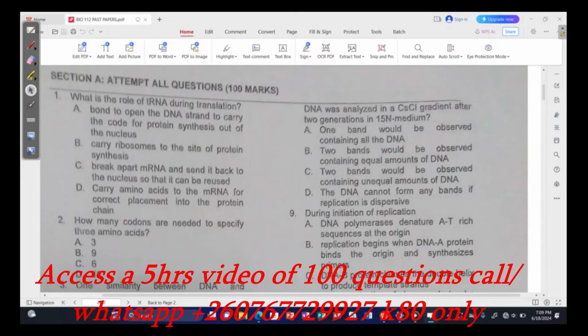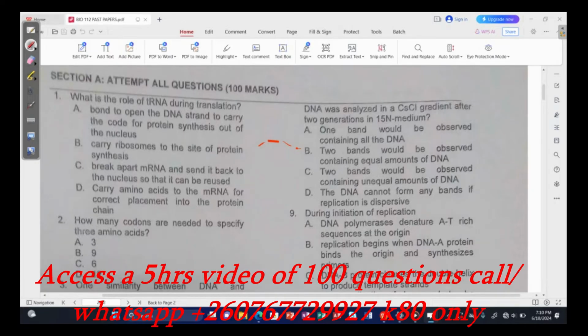So we pause there. Then B is saying two bands would be observed containing equal amounts of DNA. How true is that? What we are going to have is, within a single strand, both old and new, that is light and heavy nitrogen in the same strand.